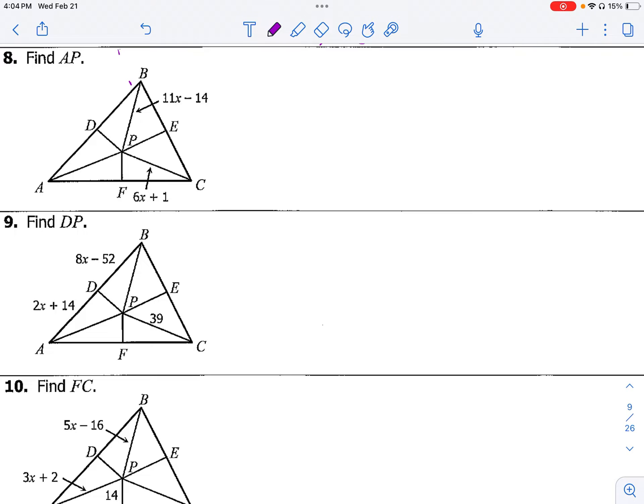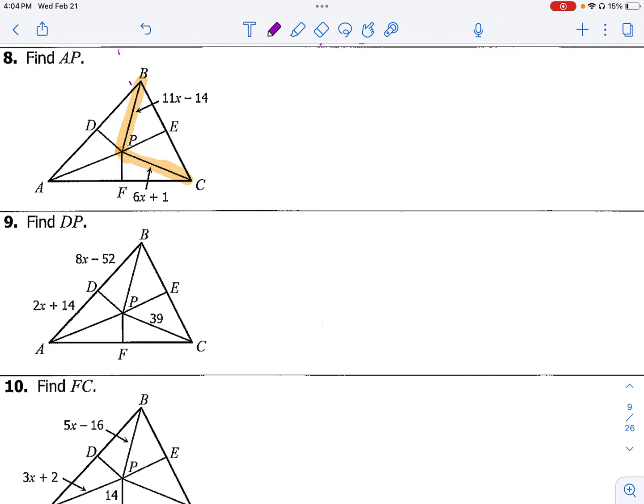Okay, you tried it on your own. Find AP. P is the incenter. So here we go from the incenter to the vertex. Here we go from the incenter to the vertex. We know it's equidistant.